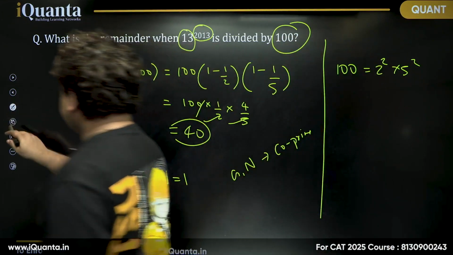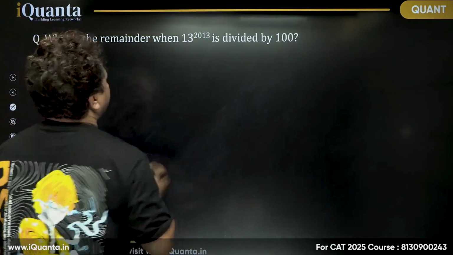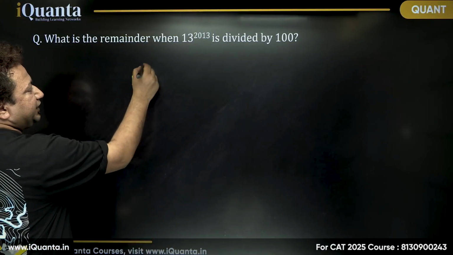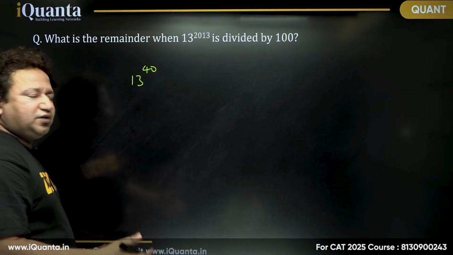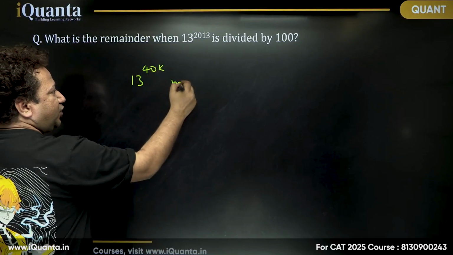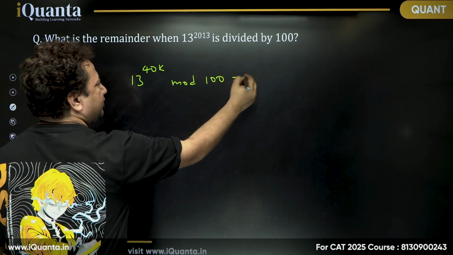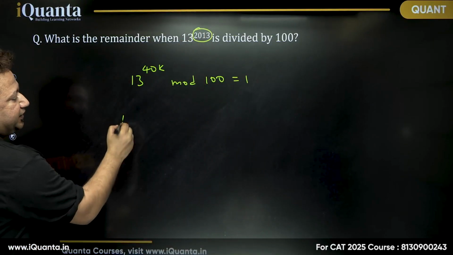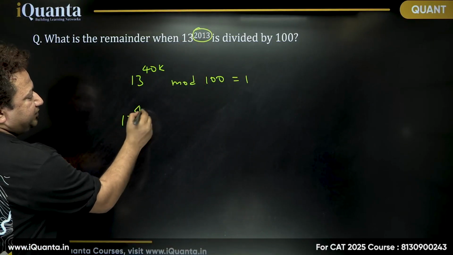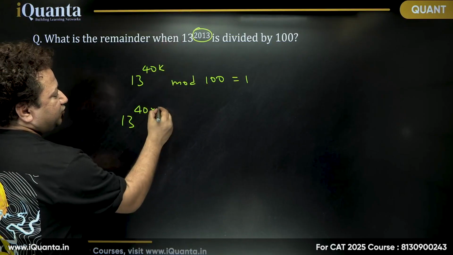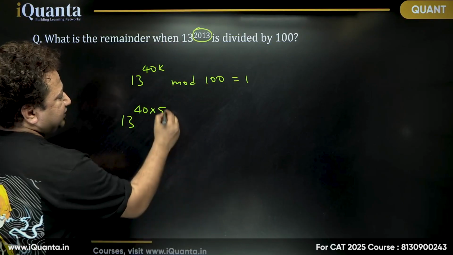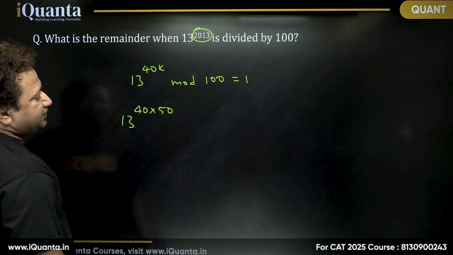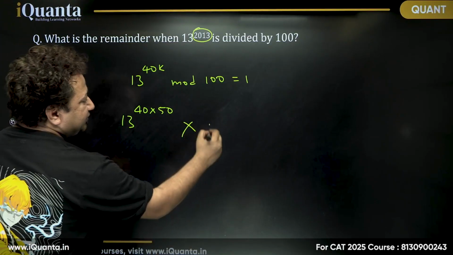Now, having said that, 13 to the power 40 and any multiple of 40, let's say 40k, mod 100 should be equal to 1. Here we have 2013. What is 2013? It is 13 to the power 40 multiplied by, let me break this, 40 5s are 200, 40 zeros are 2000, multiplied by 13 to the power 13.